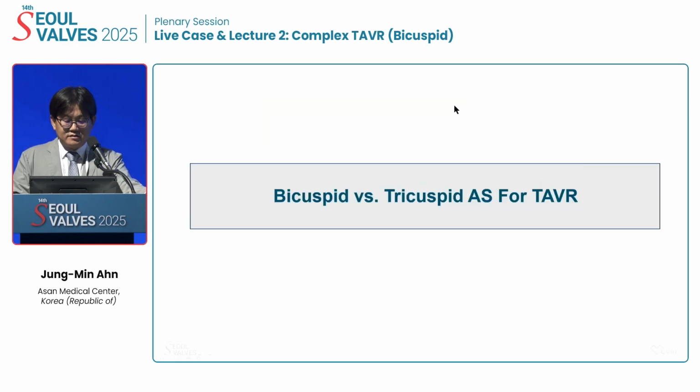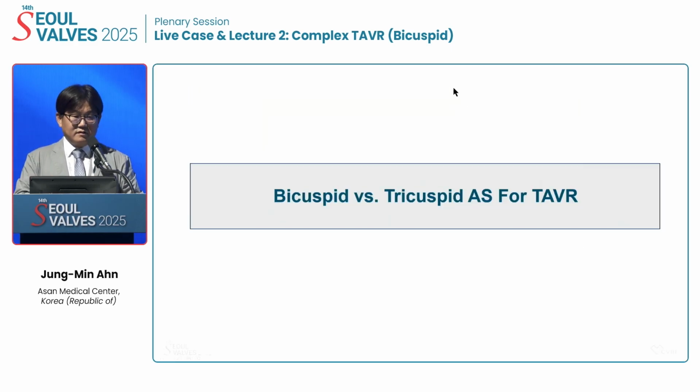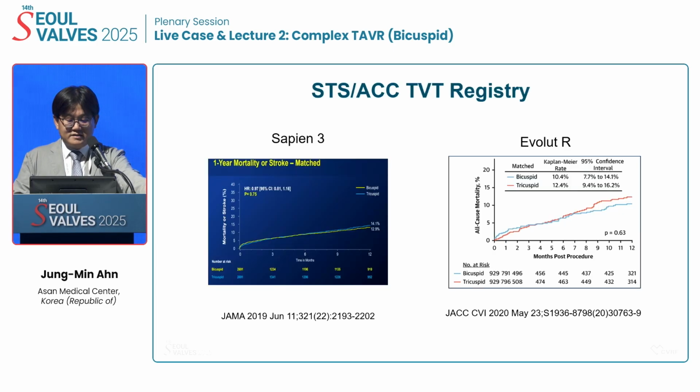When you compare bicuspid aortic valve TAVR with tricuspid AS TAVR, the large registry data, the SAPIEN-3 registry or EVOLUT-R registry, show no difference regarding mortality and stroke.